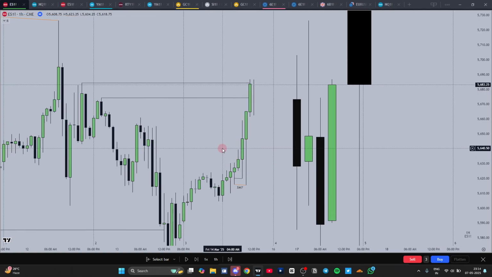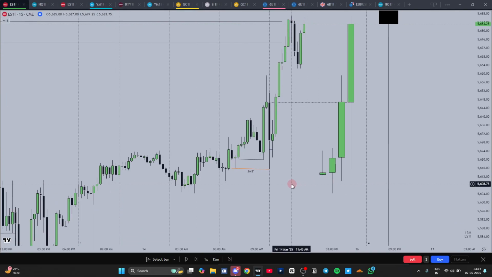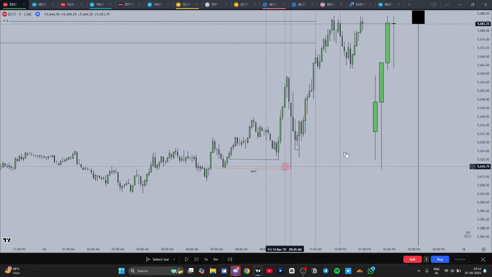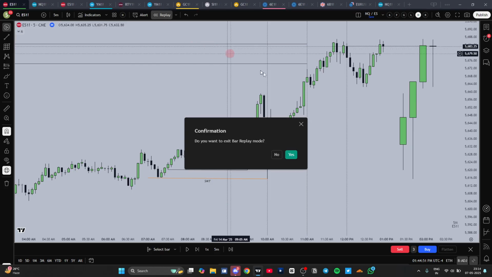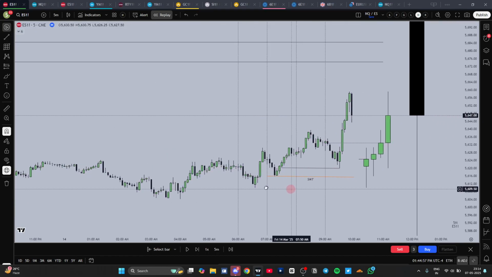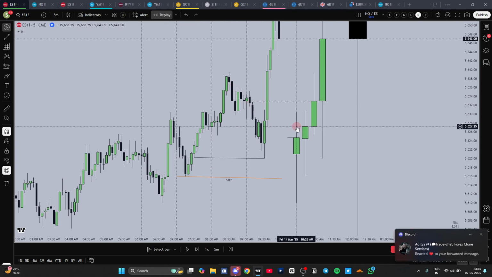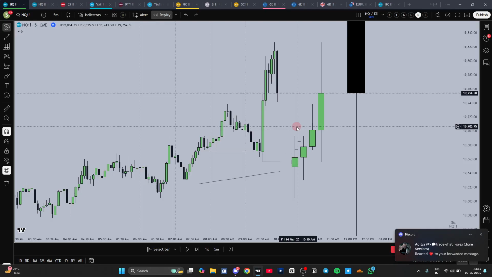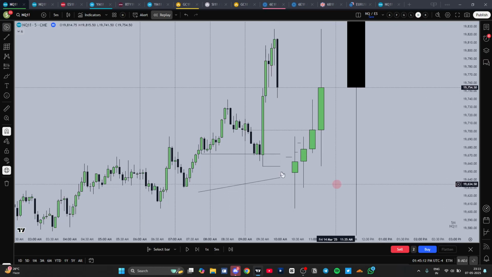Okay, so going on to the lower time frames. 8 a.m. I don't see any clear setup before 8 a.m. and NQ sweeps out previous candle, not too clean.